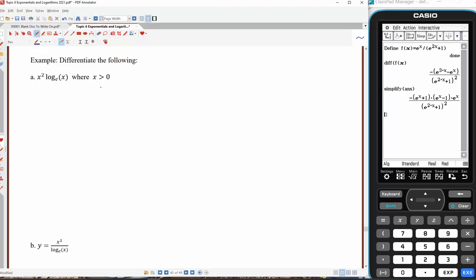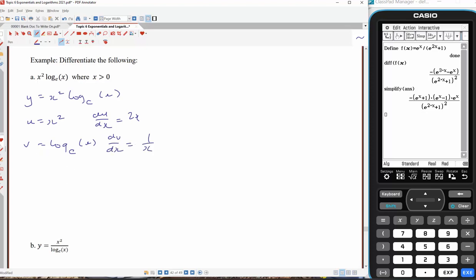Alright, so now that we've used e to the x, let's just start using some logs. Okay, so log e x. First thing to note, we've got product rule. y equals x squared log e x. u equals x squared, v equals log e x. du/dx equals 2x, dv/dx equals 1 on x.